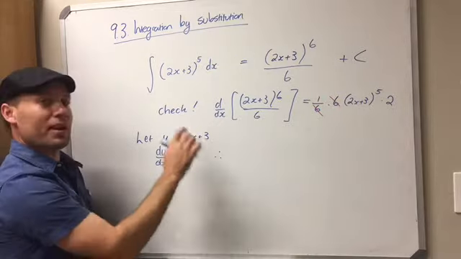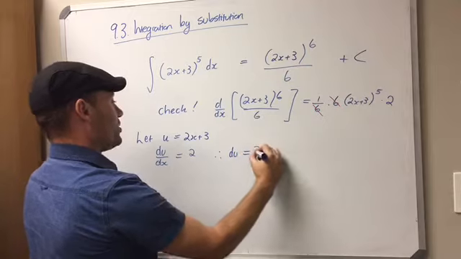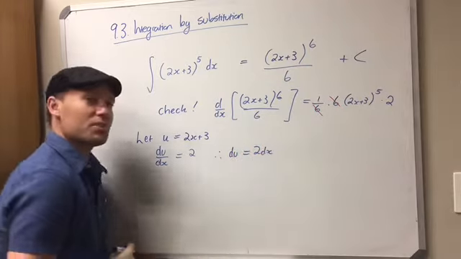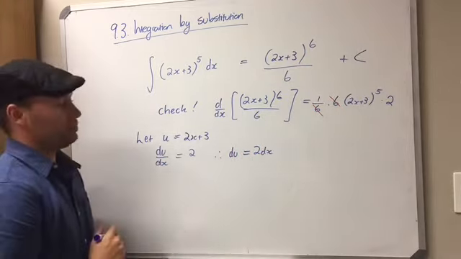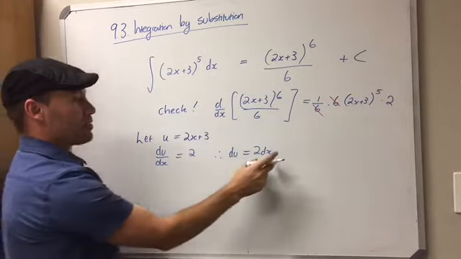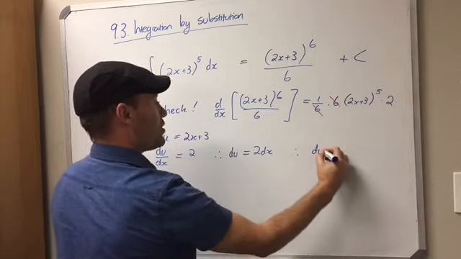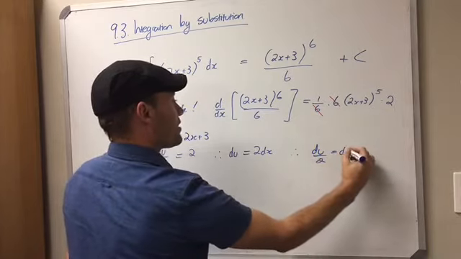So I'm going to multiply through by dx on both sides here. So I get du is equal to 2 dx. It seems rather strange, but it's absolutely okay in this situation. But if I want to solve for dx, I can say that du over 2 is equal to dx.